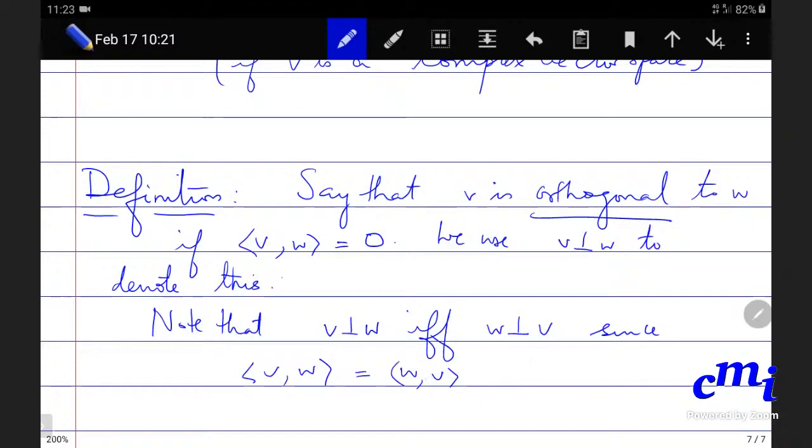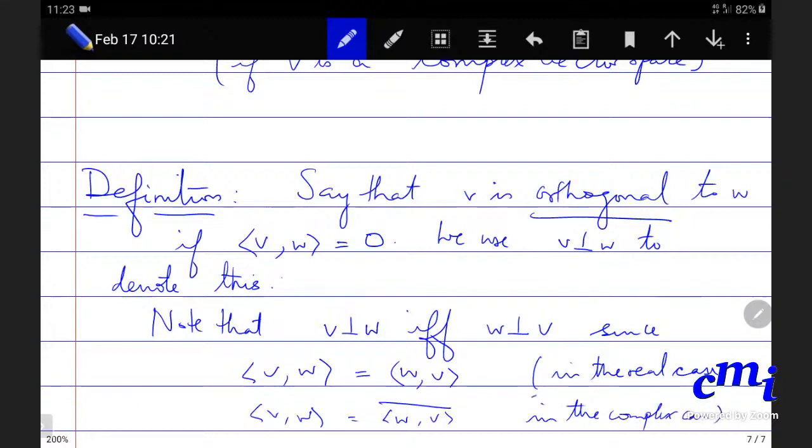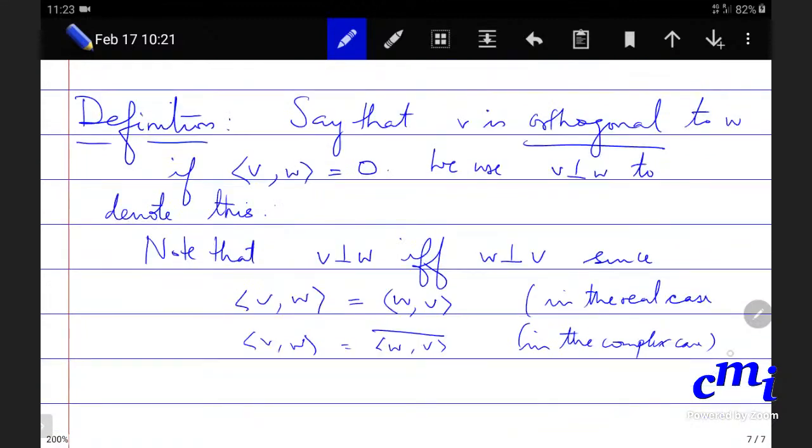the bracket of W and V equals the bracket of V and W in the real case, and the complex conjugate (bar) in the complex case. And if one of them is equal to 0, the other one also has to be 0. So it is only when it is 0 that this argument will work.